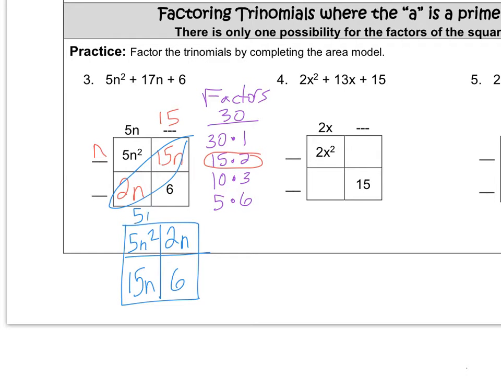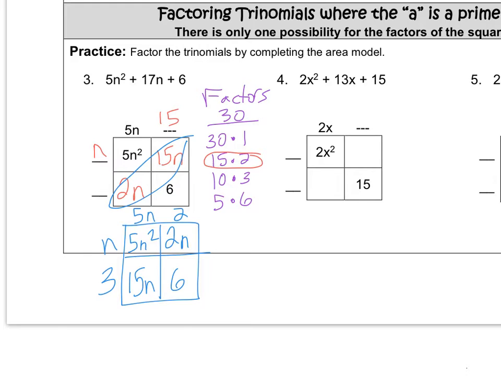I say my 5n has to come out here and my n has to come out here. Now I know that the 2 has to go up here. So 2 times n gives me my 2n. So now I need to figure out what goes right here. And I do know that 2 is a factor of 6. 2 times 3 will give me 6. I'm going to go ahead and put my 3 here.